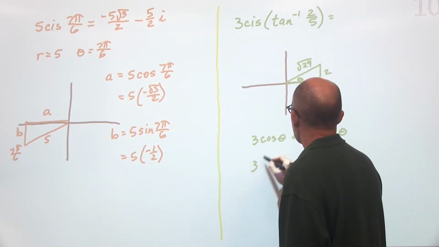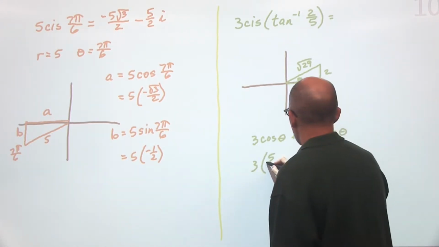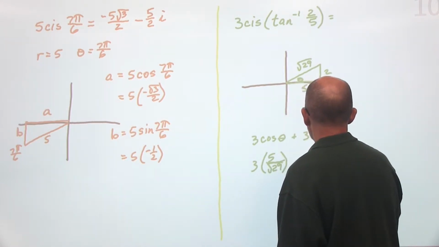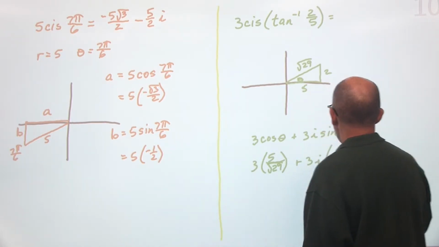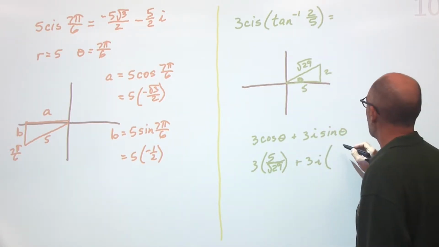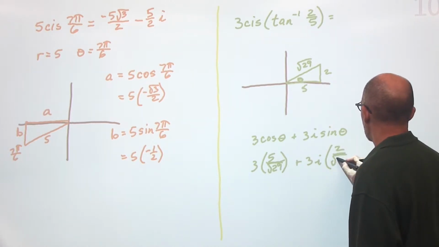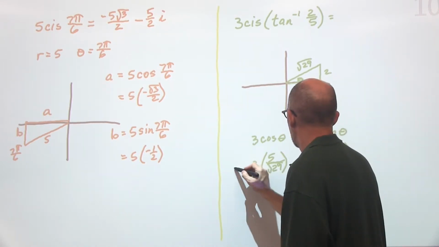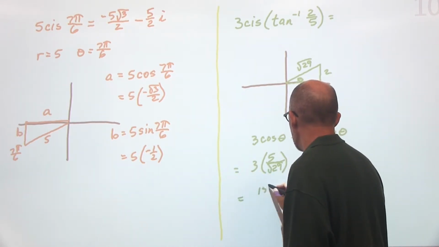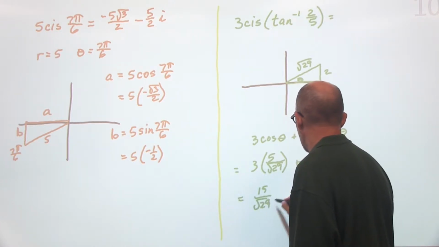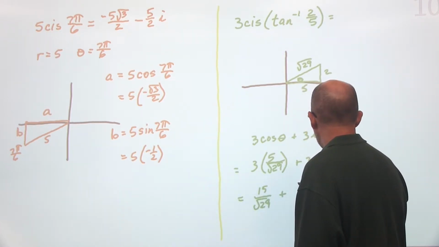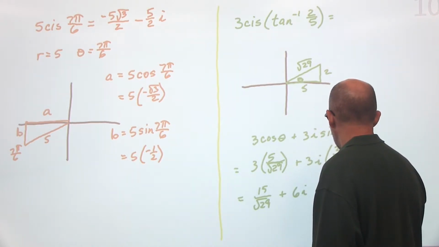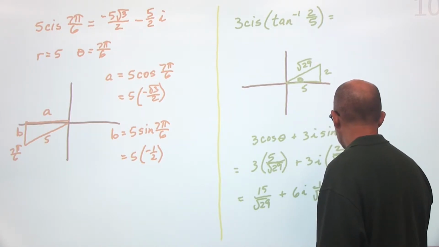So it's 3 times 5 over the square root of 29 plus 3I sine theta, opposite over hypotenuse, is 2 over square root of 29. So this equals 15 over the square root of 29 plus 6I times 1 over square root of 29.